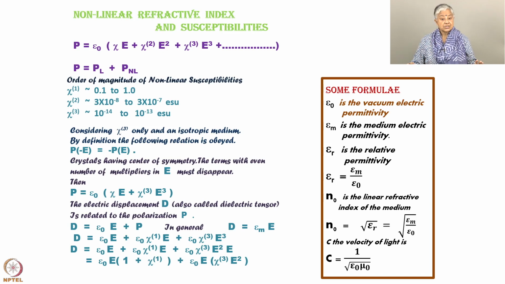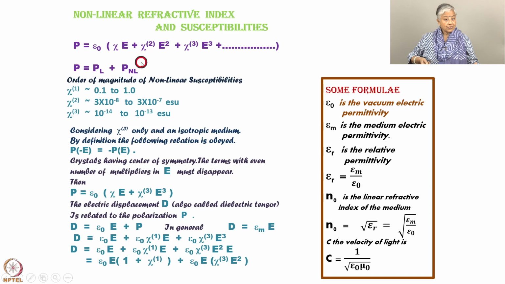Because of this condition, the terms which have an even number of multiplications in E must disappear. That means E square will disappear, E to the 4 will disappear, those will become 0, just because it is an isotropic crystal and it follows this relation.